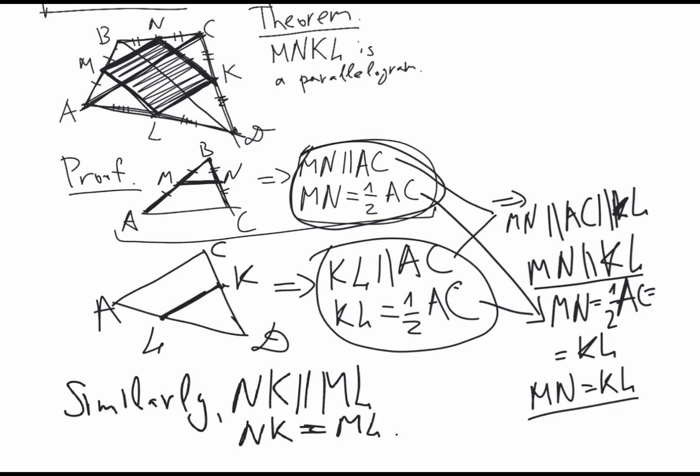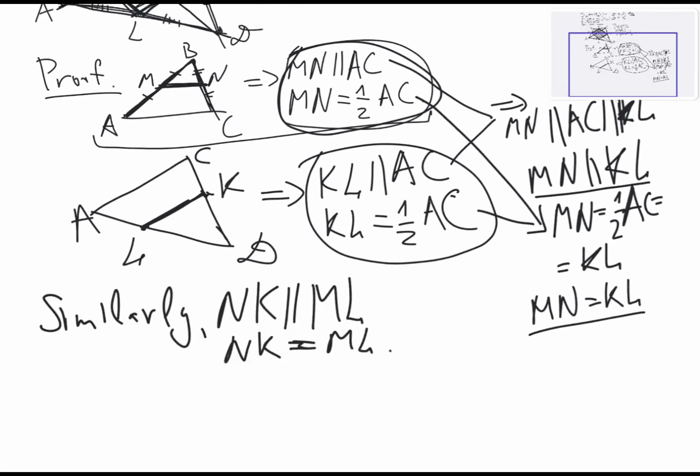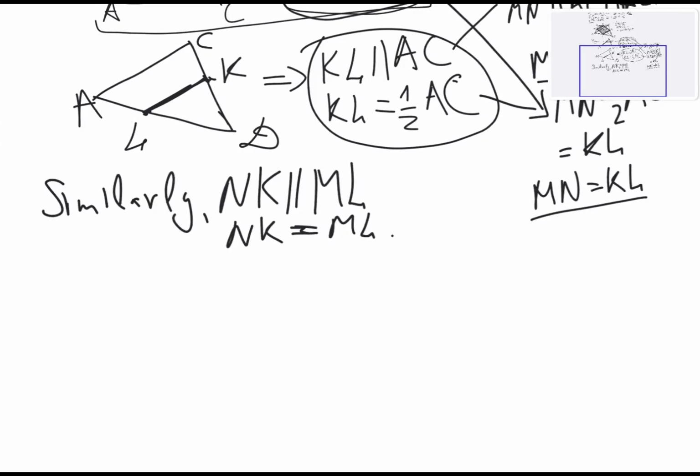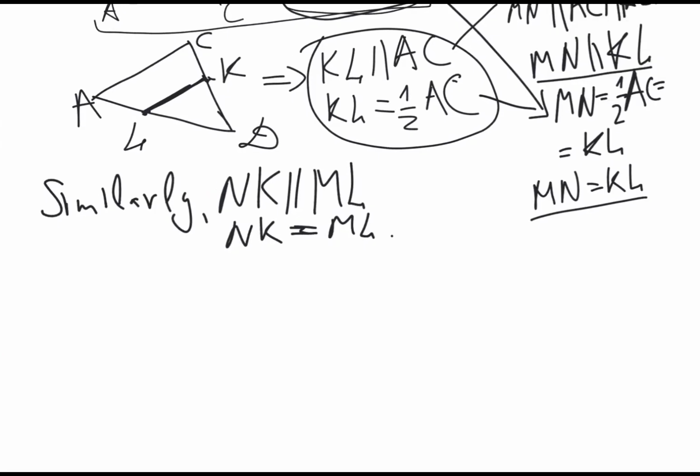So basically, this quadrilateral MNKL has the opposite sides parallel to each other and equal to each other, and it is well known that this is a parallelogram. It is enough to conclude from this, but by the definition of a parallelogram, we can conclude it from this and this.